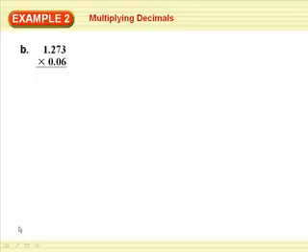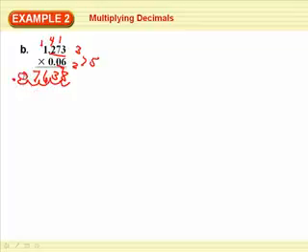So this one, same thing, you have the zeros right there, so all you have to do is multiply by 6. So 6 times 3 is 18, carry the 1, 3, carry the 4, 12 plus 4 is 16, carry the 1, that would be 7. You have 3 decimal places up here and 2 there, so that's a total of 5 decimal places. 1, 2, 3, 4, 5.